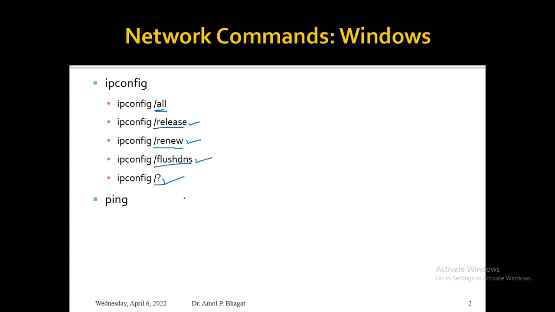So it is used for troubleshooting network connection issues, right? So the ipconfig command was used for quickly finding your IP addresses for various Windows devices, while ping is used for troubleshooting network connection issues, right?